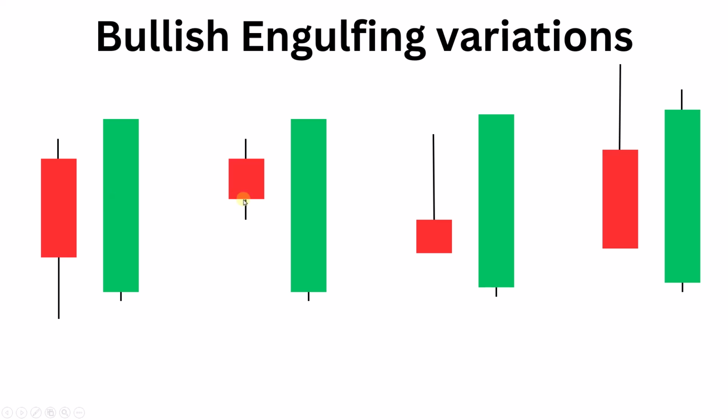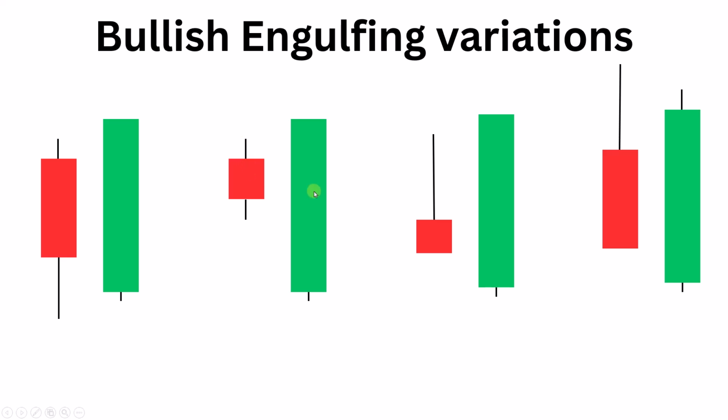Next, if we look at this, the body is small and it is inside the range of the green candle, or the green body is completely covering the red body along with the wicks of the red candle.